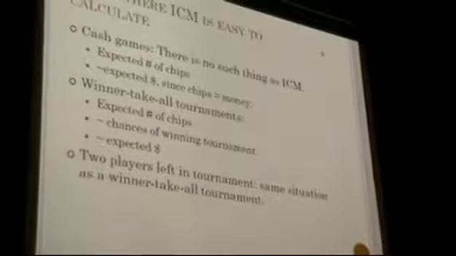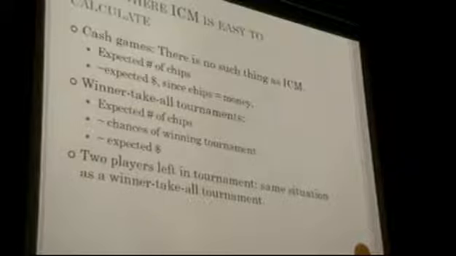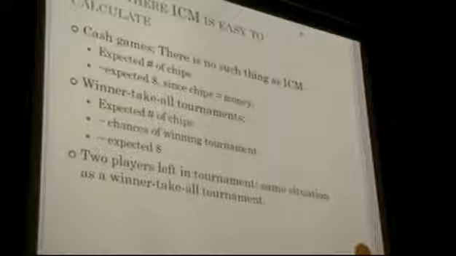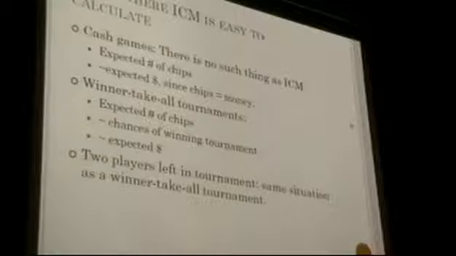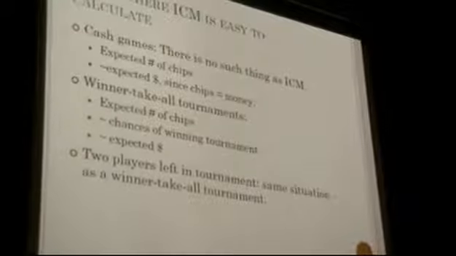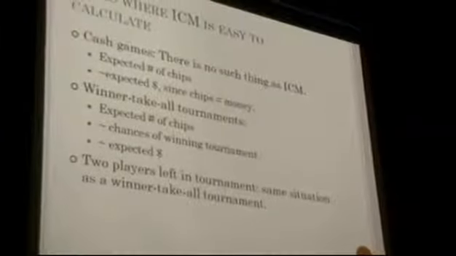Okay, so here's a few cases where ICM is easy to calculate. So no more numbers, just some general pointers. So in cash games, there's no such thing as ICM, right? I already talked about this. You always maximize your expected number of chips. And in winner-take-all tournaments, suppose the tournament only had a prize for first place. It's the same thing. Because your expected number of chips is proportional to your chances of winning the tournament.